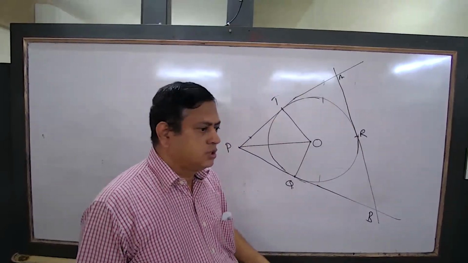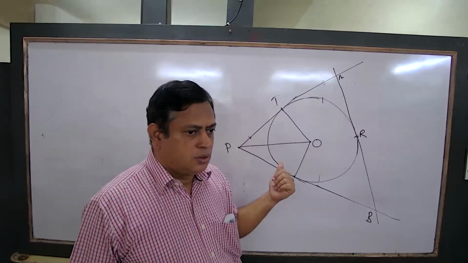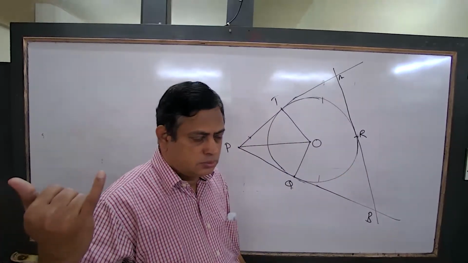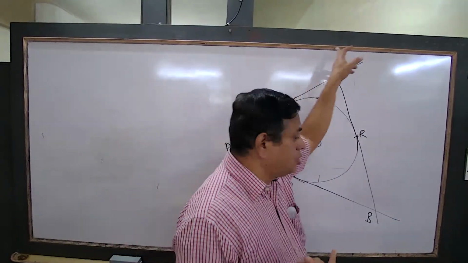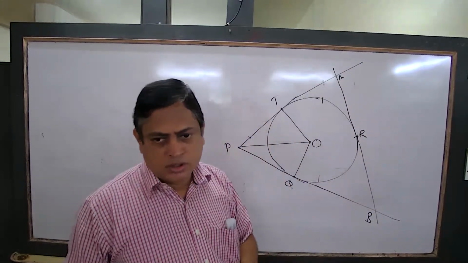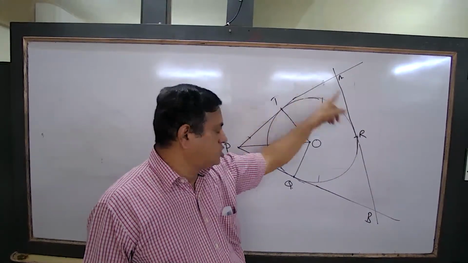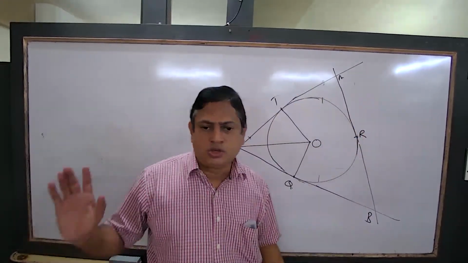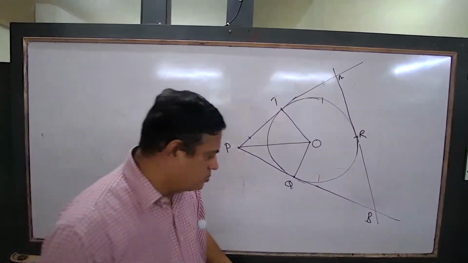Tejas, which are the equal things in this figure? AT is equal to AR. Then PR is equal to PQ. From the external point A, which equal conditions are coming? AT is equal to AR. From the external point B, what is the condition? PR is equal to PQ. Okay, so you have to consider the conditions. Okay. Now, open your notebook.